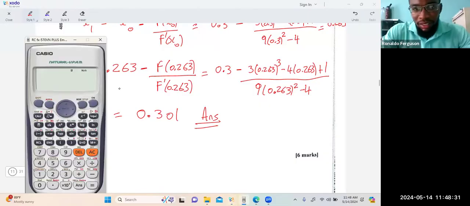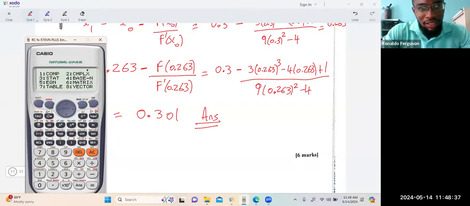And if you want, you can also check to see if that is somewhere around about correct. Put the calculator in equations. It's a cubic. A is 3, no x squared term, minus 4 and plus 1. Solving it, 0.263 is the root, and we got 0.301.